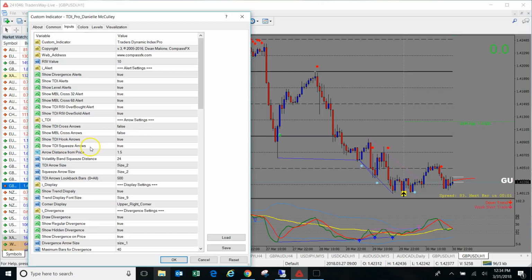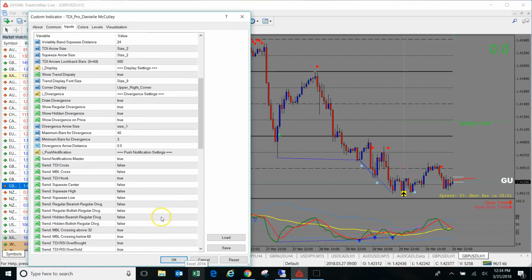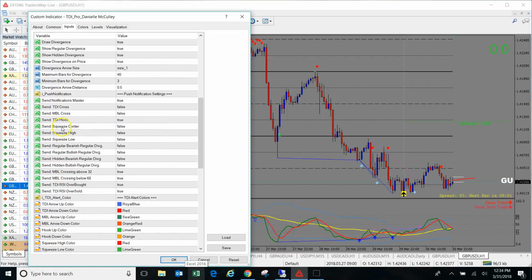I like those two. I just turned on the squeeze arrows because I missed a nice squeeze breakout on GJ last week, and you can see right here on the chart. There's a whole bunch of stuff. I won't go through all these, but you get the squeeze alert here. This one is actually turned off, but on my other ones it's turned on. Those are the alerts.